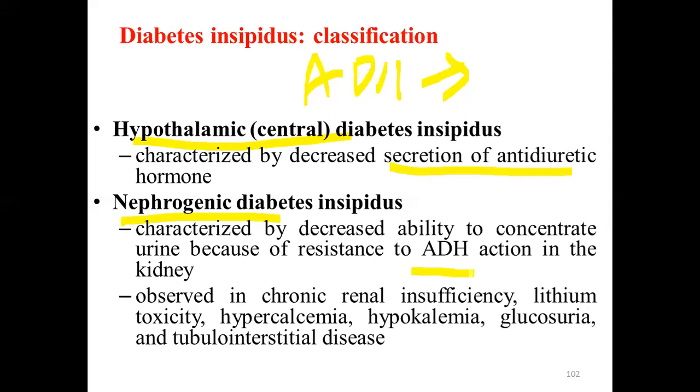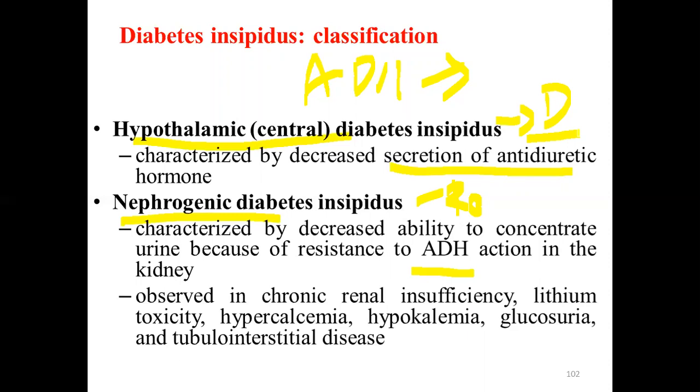It is very common when a patient has chronic renal insufficiency, or electrolyte abnormalities such as high levels of calcium, potassium, and even glucosuria. In that condition, the kidney is refusing to carry out the action of antidiuretic hormone. So nephrogenic is resistance, this one is deficiency.